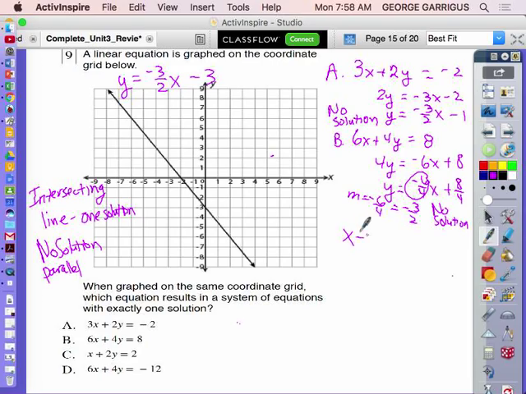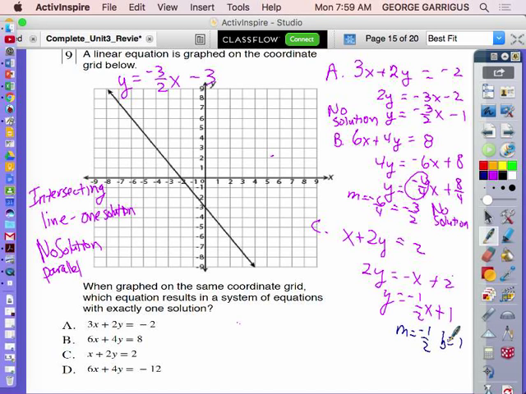X plus 2y, this is line C, equals 2. So 2y equals negative x plus 2. And if I divide everything by 2, I get y equals negative 1/2 x plus 1. I'm going to graph this in blue where m equals negative 1/2, b equals 1.